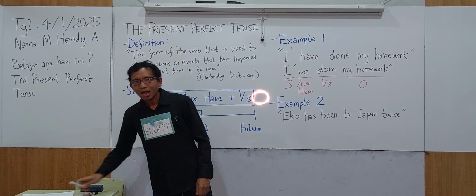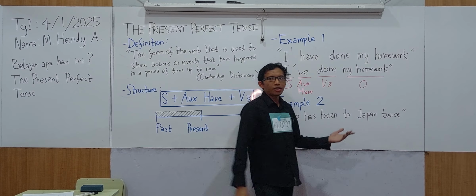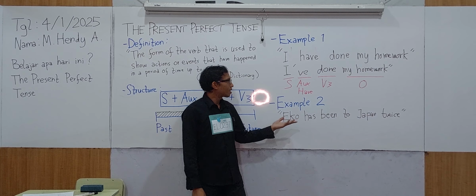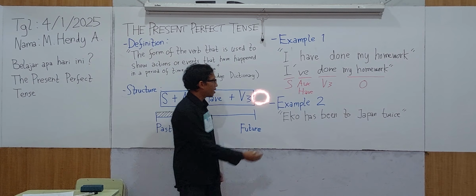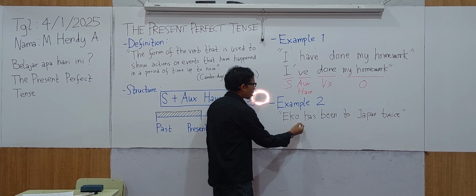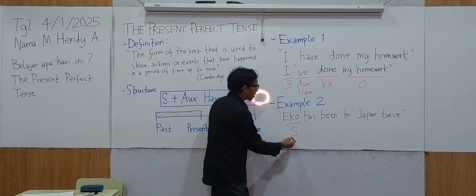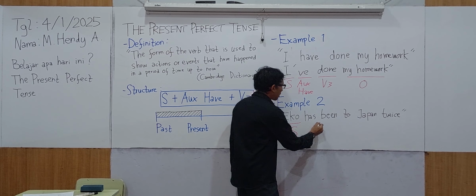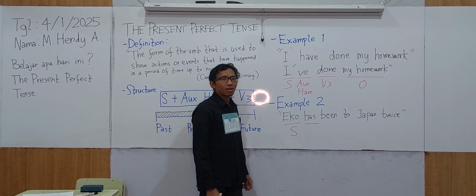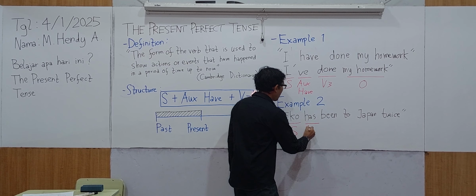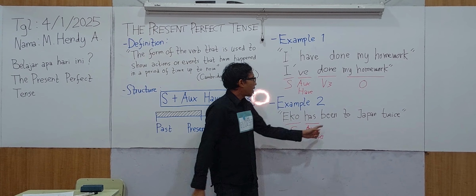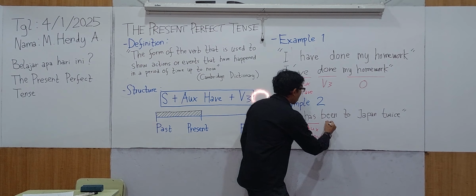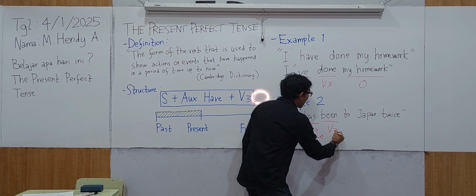Now, I want you to tell me the structure of the sentence. Determine the subject, verbs, and the rest. Starting here. What's this? Subject. All right. And then this, auxiliary have. And then been, V3. Okay?